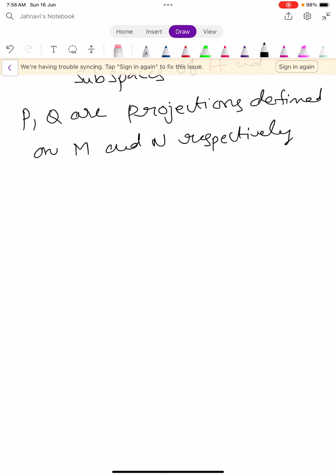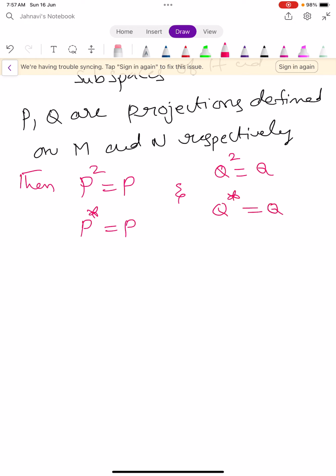So by the definition of projections, they satisfy two conditions: P square is equal to P and P star is equal to P, as well as Q square is equal to Q, Q star is equal to Q. This means one is a self-adjoint operator, the second one is an idempotent operator.